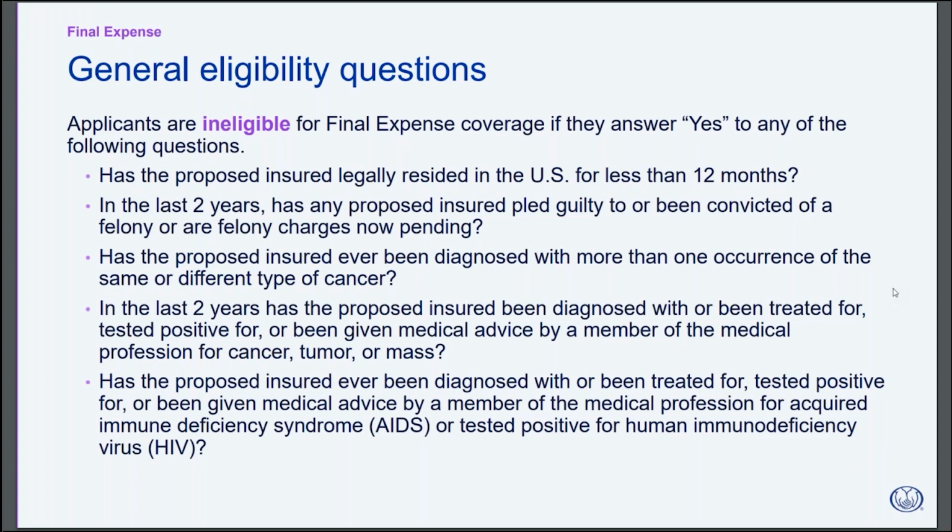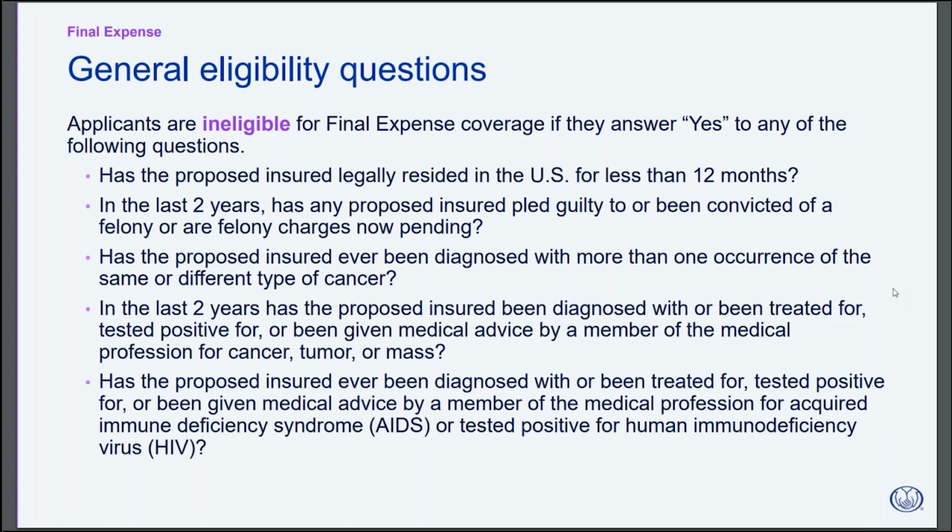In the past 2 years, has the proposed insured been diagnosed with or been treated for, tested positive for, or been given medical advice by a member of a medical profession for cancer, tumor, or mass?